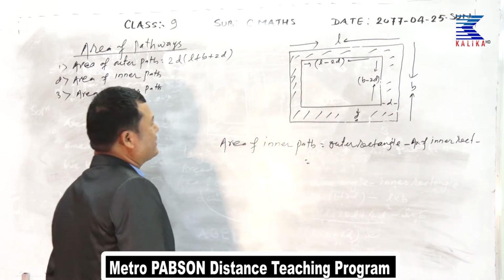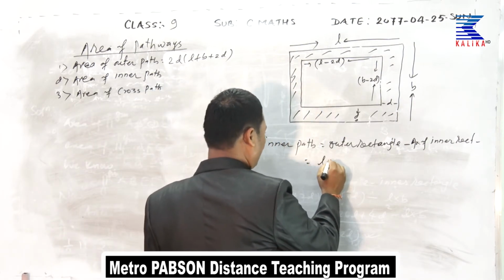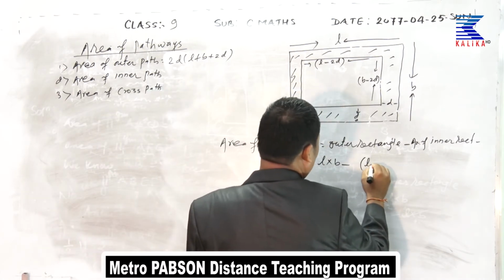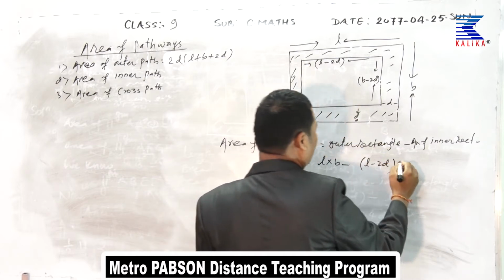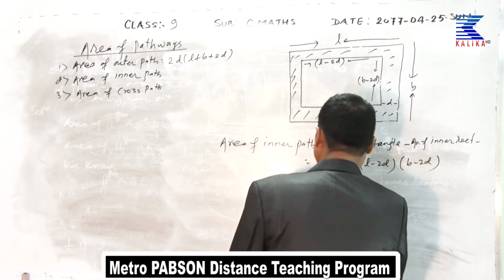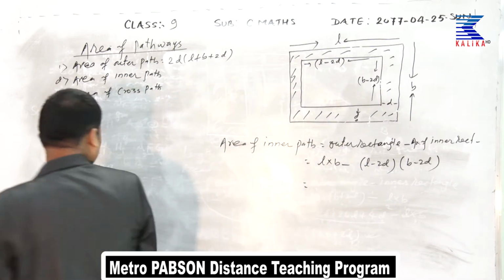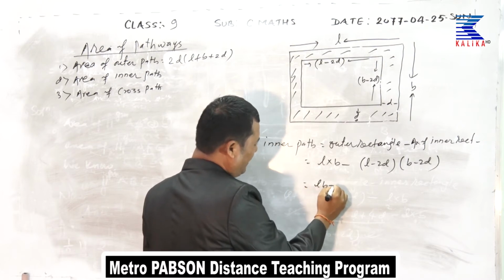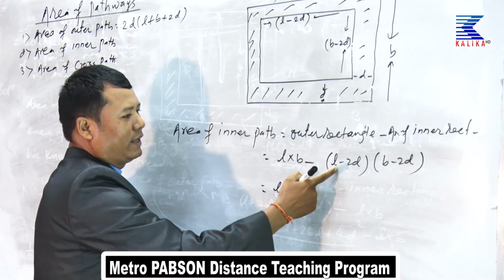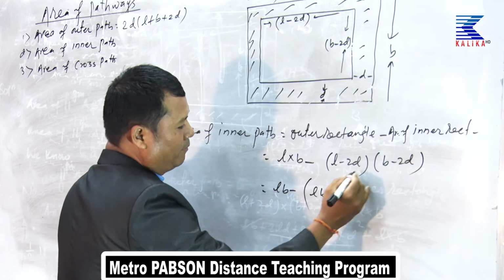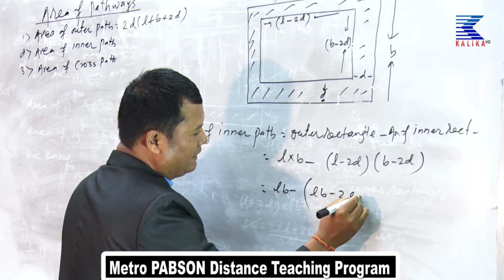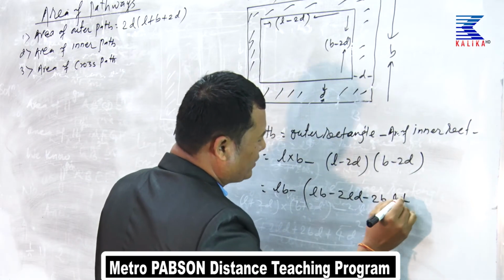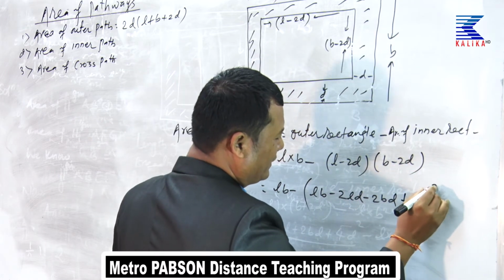Outer rectangle means L into B. Inner rectangle means length is L minus 2D and breadth is B minus 2D. Length is L and breadth is B. L into B minus, and multiplied, LB minus 2LD minus 2BD plus 4D square.